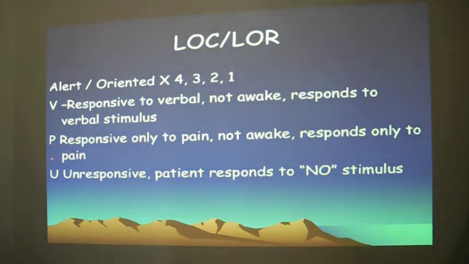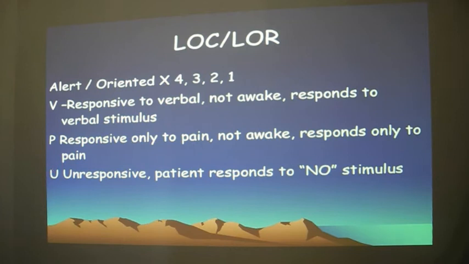The next in AVPU is the P. It stands for responsive only to pain, okay? So that means this person, they're laying there, you talk to them, you scream at them, they do nothing. You inflict some type of pain to them and they respond. They jerk, they moan, they grunt, they do something, but they only do it to the painful stimulus.